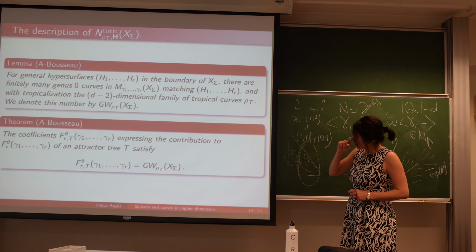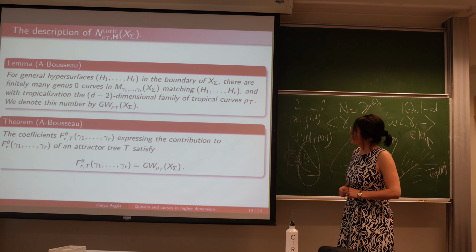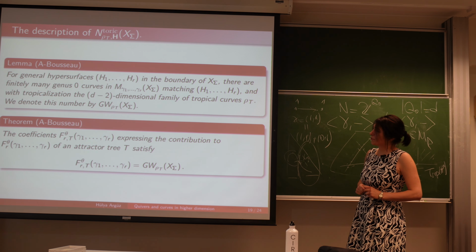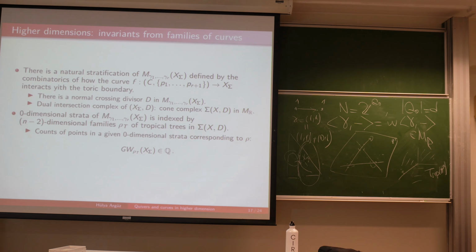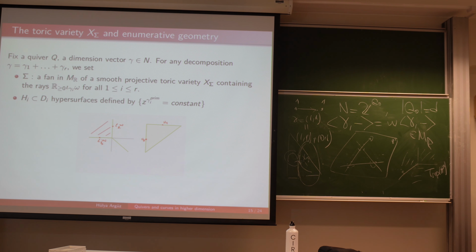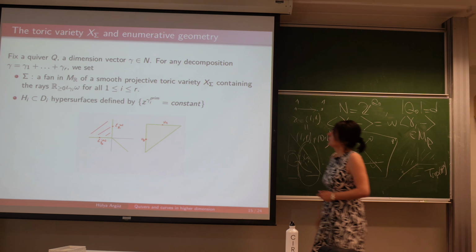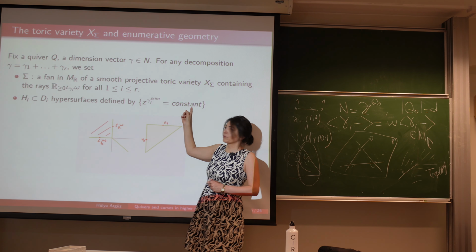So we first show that if you fix general hypersurfaces in the boundary of your toric variety, so these are the H_i that I mentioned, given by the equations z^gamma_i equals constant.